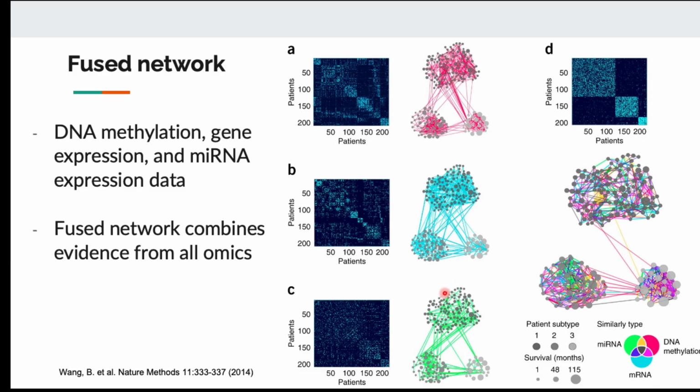But overall, you can see that there are many connectivities, many edges among these patients. The same for this cluster here. We see a lot of similarity in gene expression in only some part of the group, and we see similarity in DNA methylation in a different part of the group, and similarity in microRNA for some part of the group.